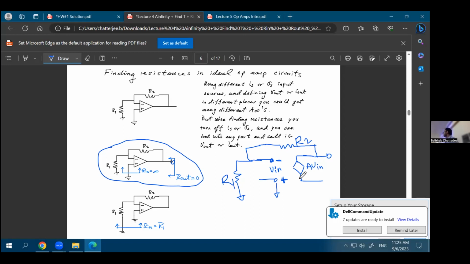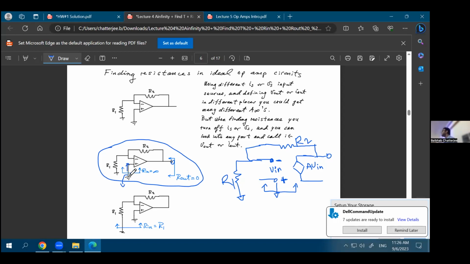Now, what we are asked to find out is what is the resistance looking into this port? We know that this port is connected to ground, right? But it is connected to ground on the back side of it. Right now, you are only looking at the top, right? You are only looking into the upper direction at this point.